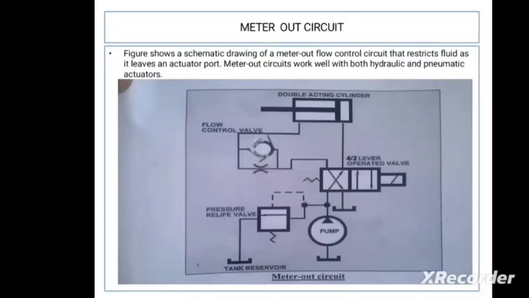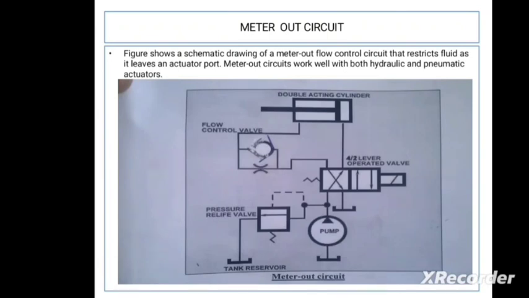The placement of the flow control valve is the main criterion. In the metering in circuit, the flow control valve is placed at the inlet of the cylinder, whereas in the metering out circuit, it is placed at the outlet of the cylinder.